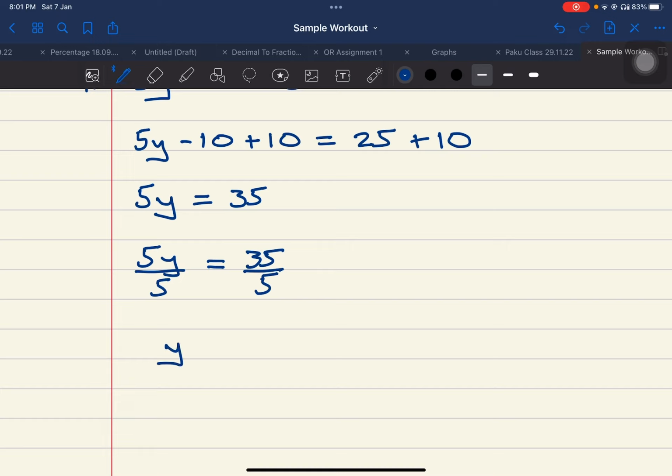It's actually 1y, because 5 divided by 5 is 1, but we usually don't write 1. It's not important. And that's equal to 35 over 5, which is 7.